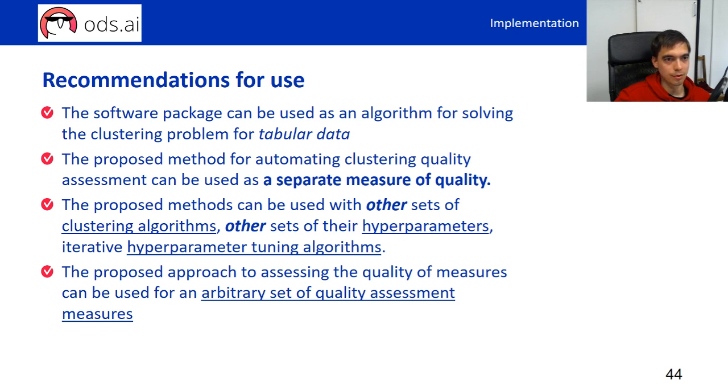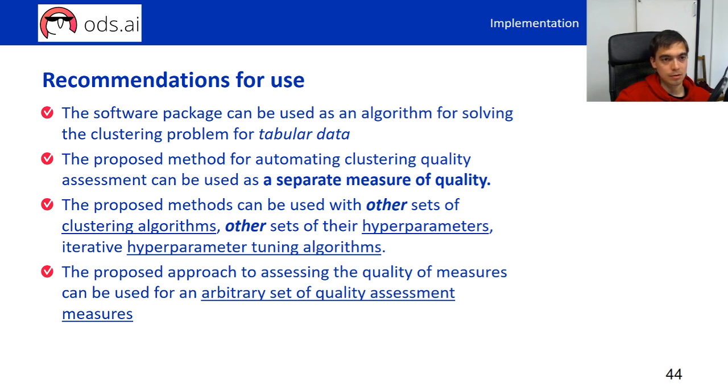This is an important thing to get rid of the criticism. We present here only the approach, and we have tested one configuration. We picked several clustering algorithms, the hyperparameter sets, and the SMAC algorithm as a hyperparameter tuning algorithm.